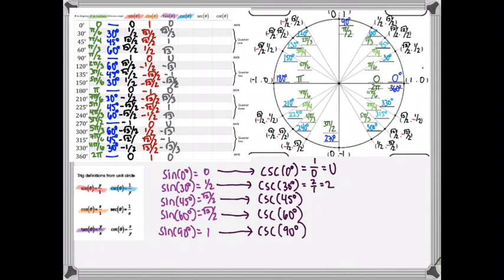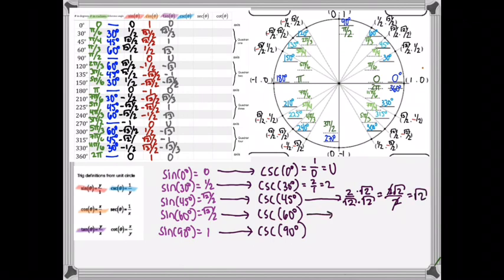This one is going to require a little bit more work, as we take the reciprocal of square root of 2 divided by 2, and that gives us 2 divided by the square root of 2. We need to rationalize the denominator by multiplying the top and the bottom by the square root of 2, and we get 2 square root of 2 all over 2, which cancels to the square root of 2.